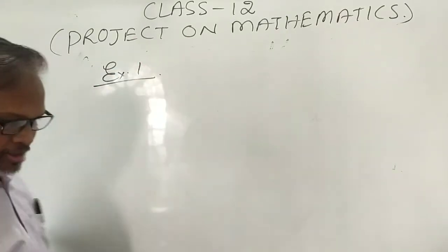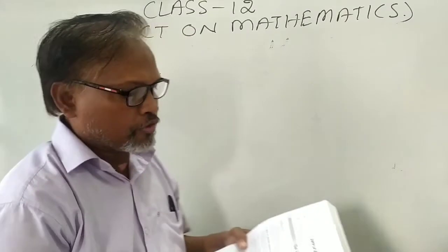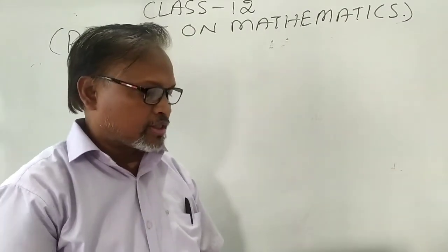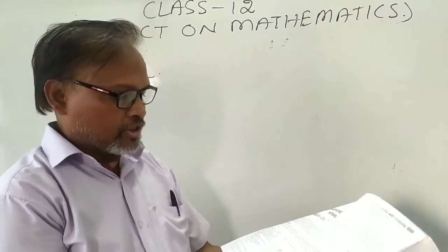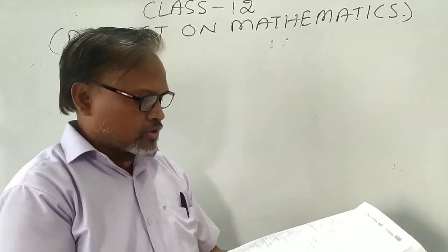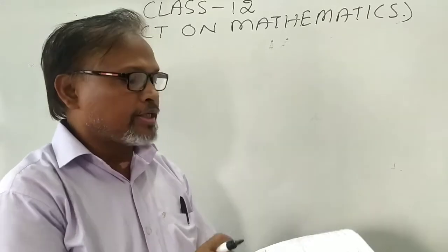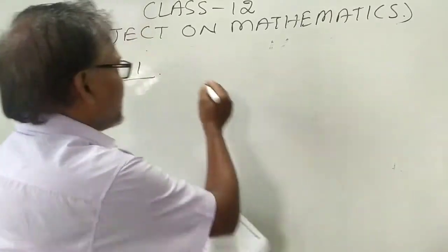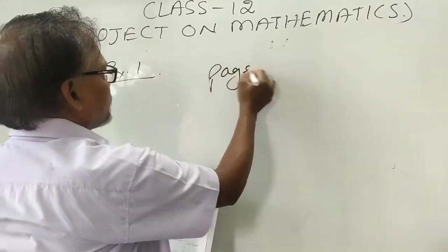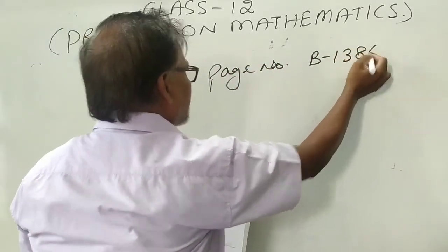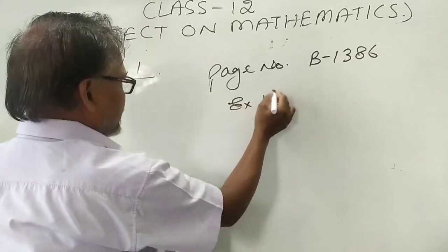Example 1, I will tell you from this book, Arya Publication, Understanding ISC Mathematics, Section B, Applications of Integrals, and you can take any two examples, page number B 1386, example 18.